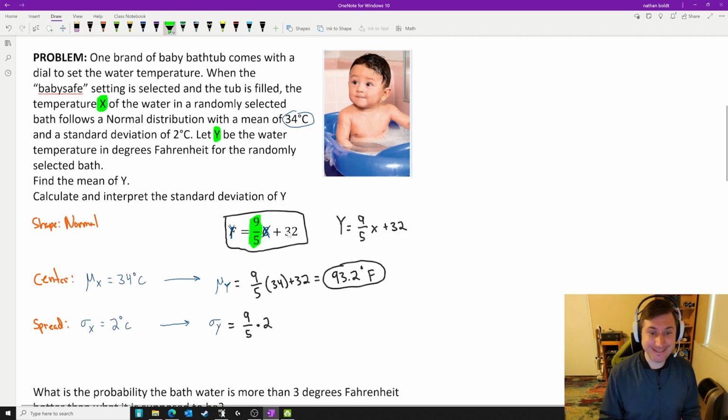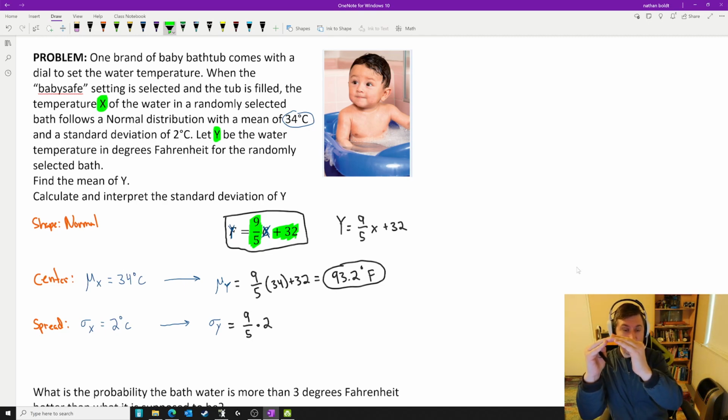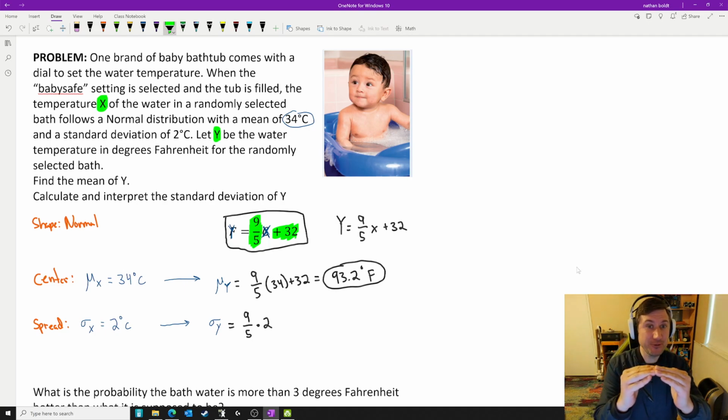Same question: does adding change the standard deviation? No. The plus 32 does not affect the standard deviation. The plus 32 simply slides it over. If you just slide it over 32, that doesn't change the spread.